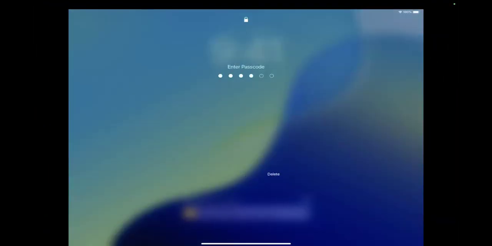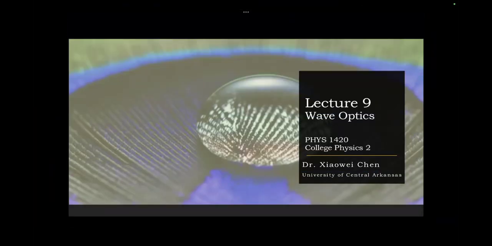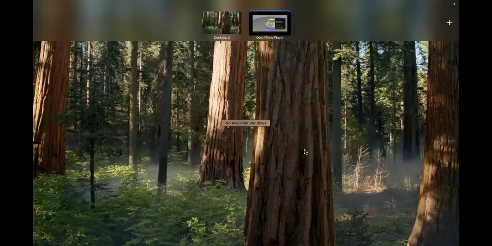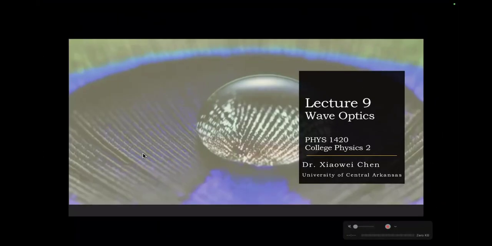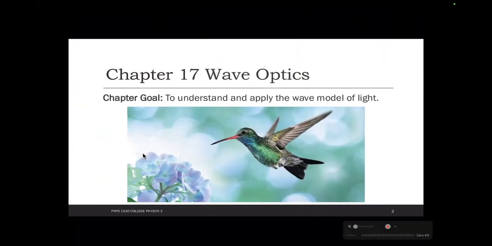Today we will mainly focus on wave optics. Let's talk about this chapter's goal.